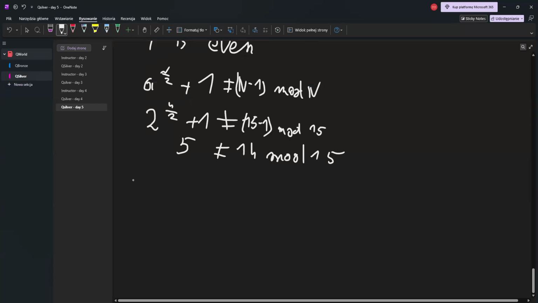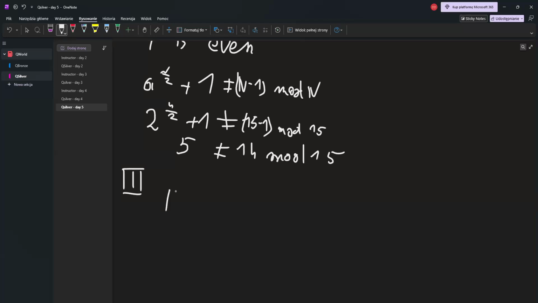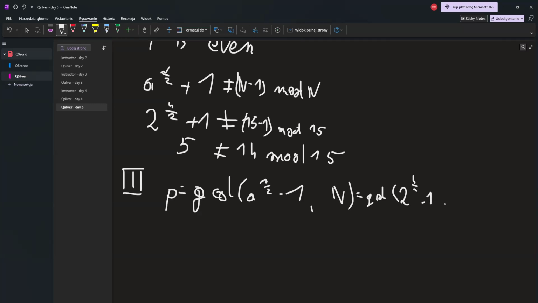So now we can just calculate the factors. So we have p equal to GCD, so the greatest common divisor of a to the power of r divided by 2 minus 1 and n, which is equal to the greatest common divisor of 2 to the power of 4 divided by 2 minus 1 and n, which is equal to the greatest common divisor of 3 and 15, and this is equal to 3, yes?